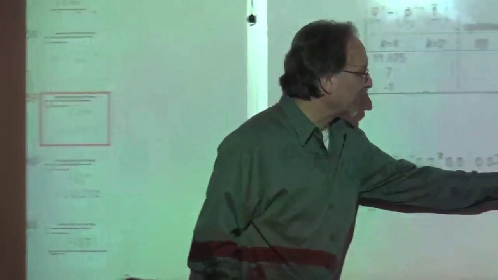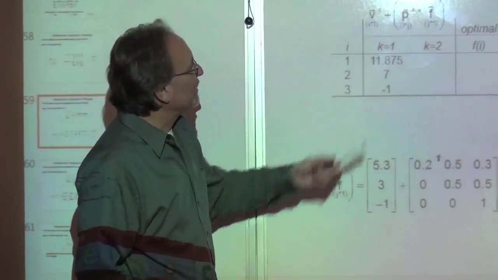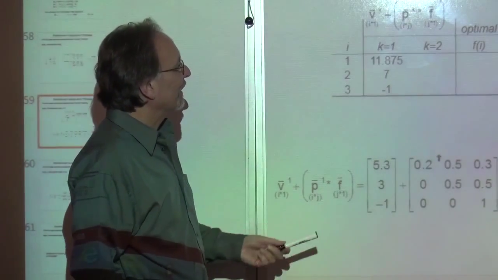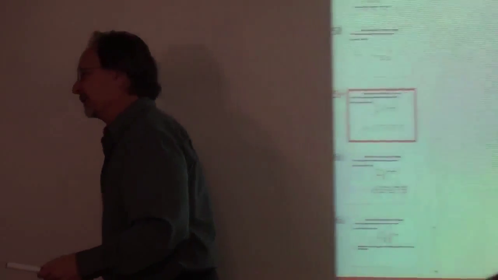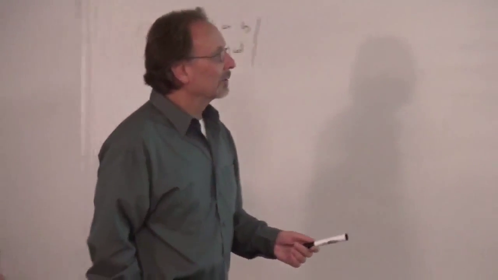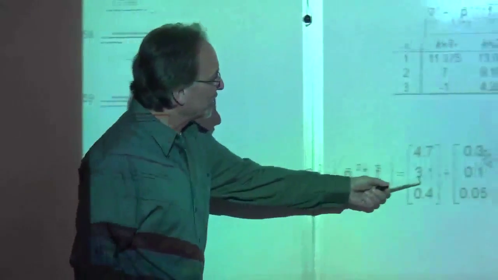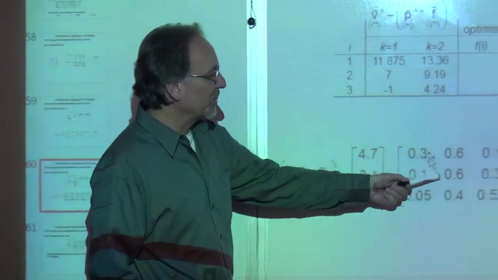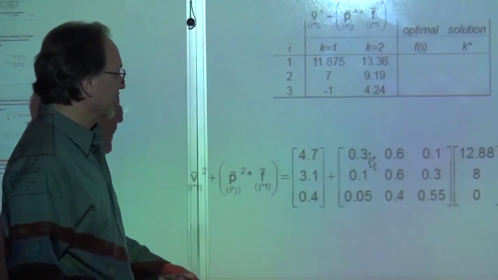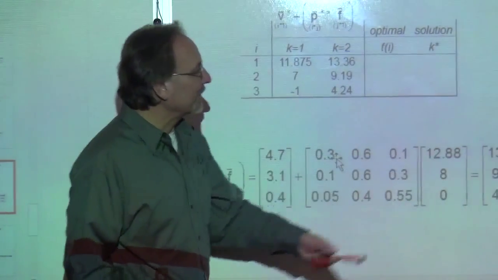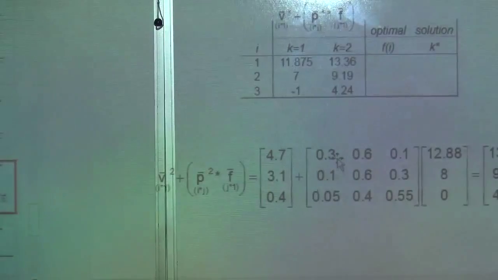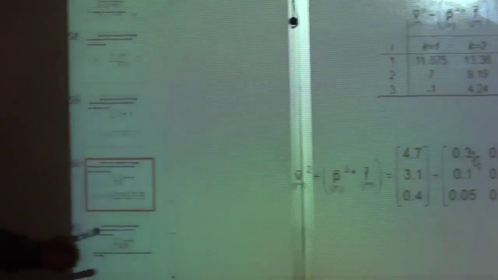And that's where we get this, and we substitute in for K equal 1, for never fertilizing. Then you have to go back and do the K2, where now we put in the value associated with always fertilizing, transition matrix associated with always fertilizing, and our 12.888 that we got from our simultaneous linear equations.